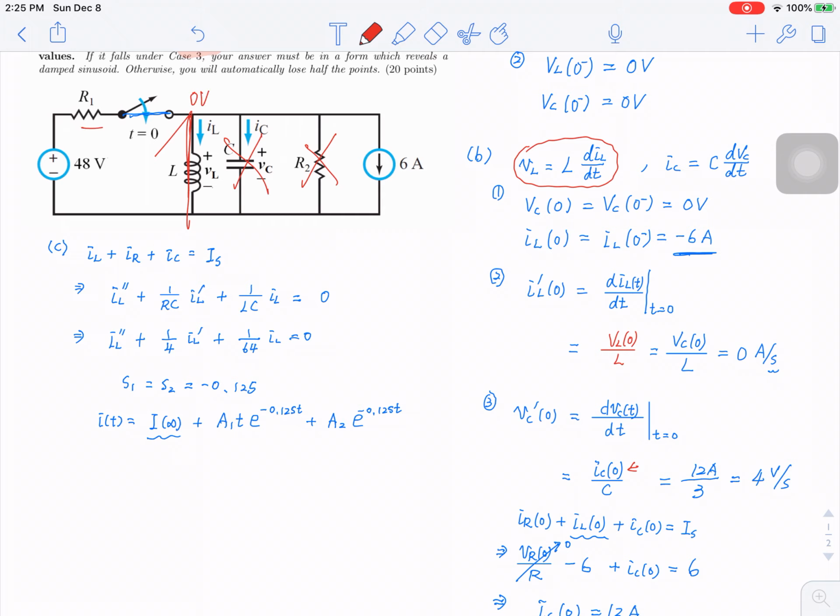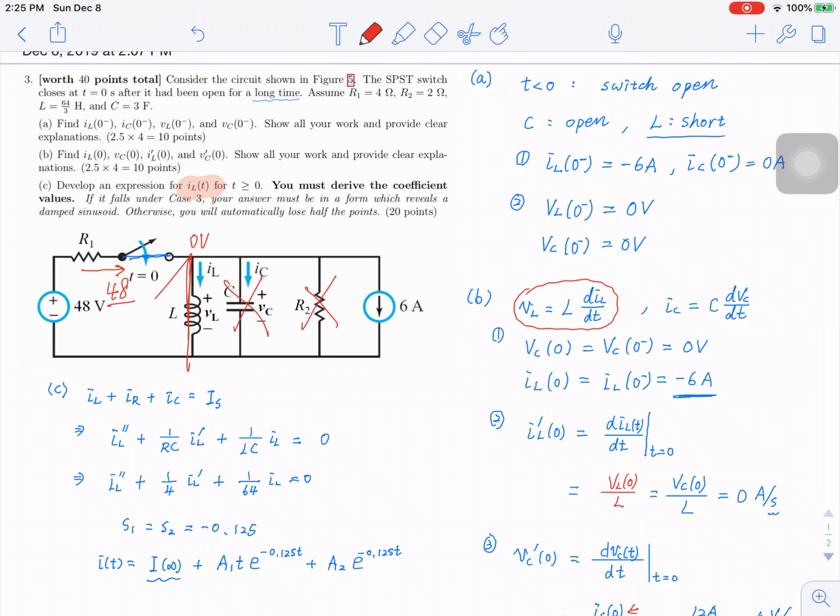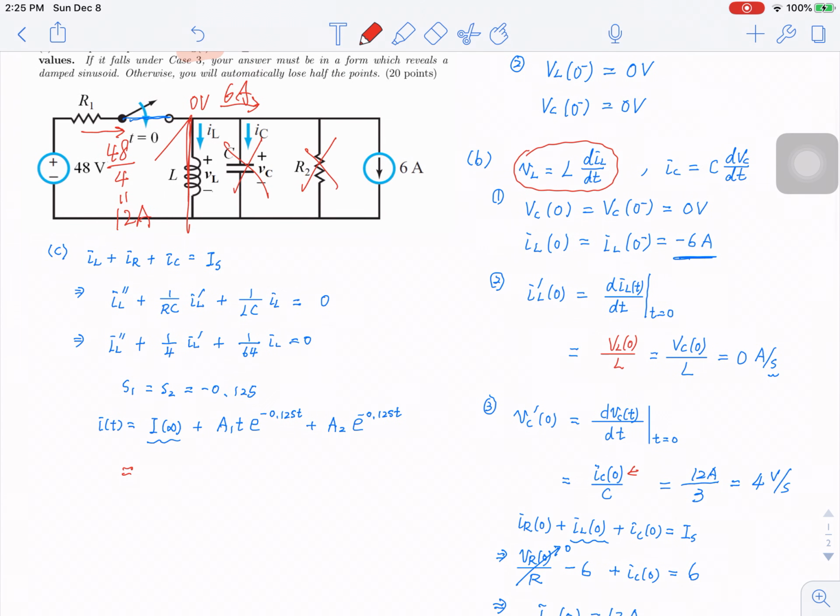So the current flowing this way is equal to 48 volt divided by R1, and R1 is equal to 4 ohms, so this is 12 ampere. And you know that this is 6 ampere. So the current flowing to here is 6 ampere. So this is the I infinity.